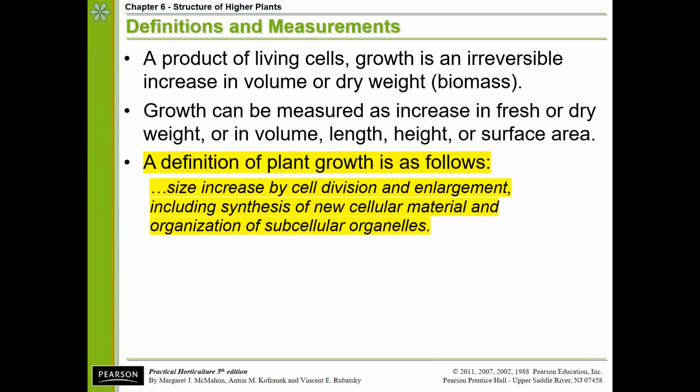When we're looking at plant growth, we look at the size increase of the plant through cell division and enlargement, as well as the synthesis of new cellular material being created into organs and tissues.